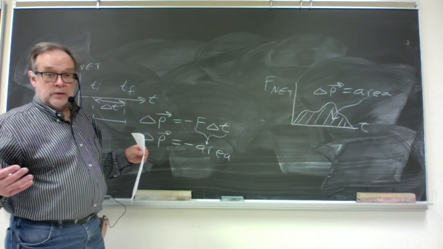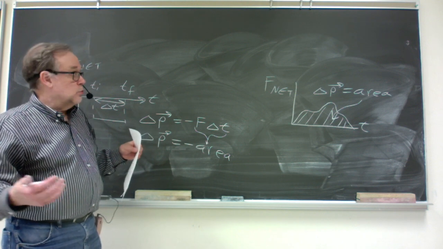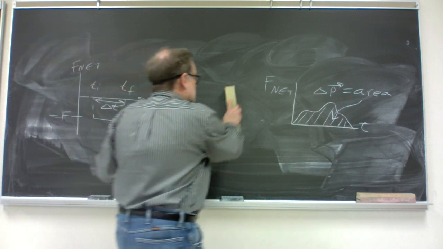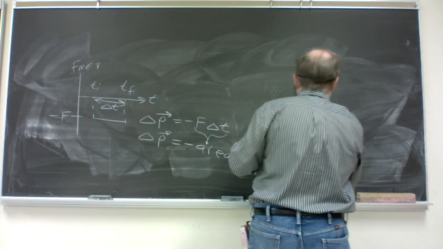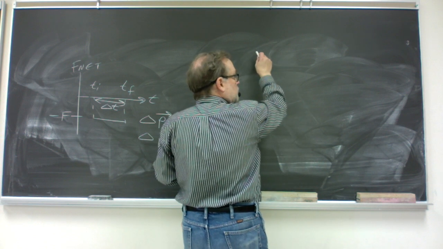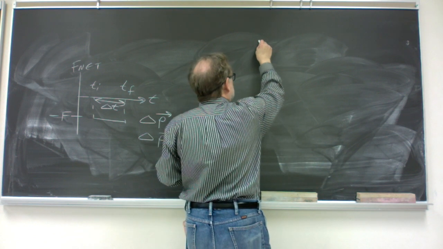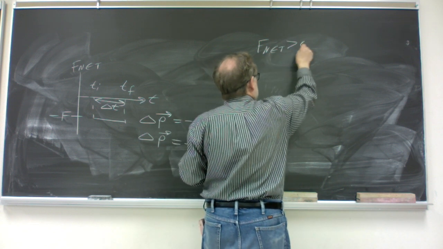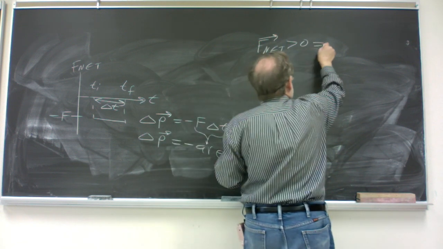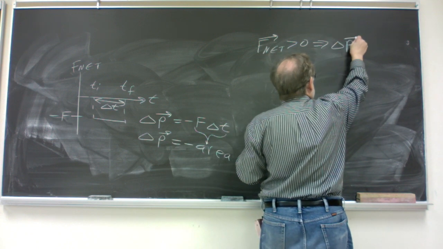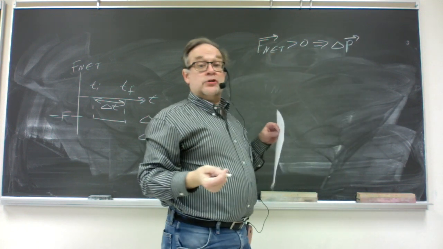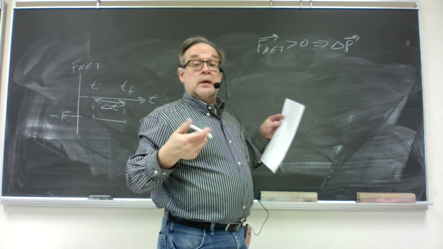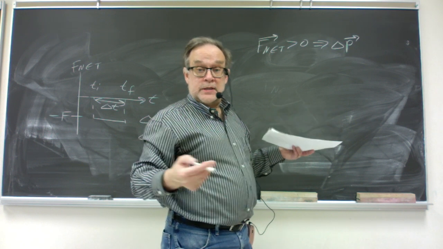So just to summarize our rule here, in a graph of force versus time, net force versus time, if the net force is positive, then the change in momentum that force causes is just equal to the area between the force line and the time axis.